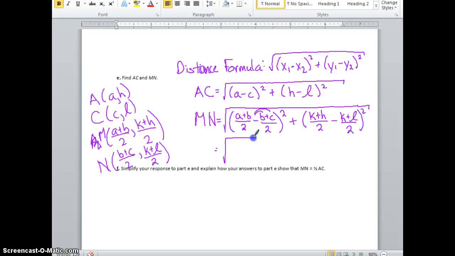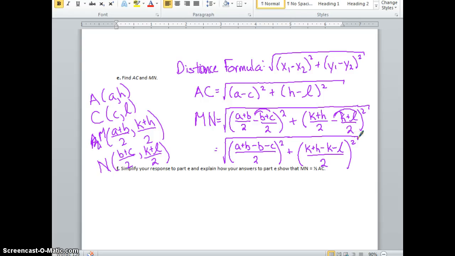So this would end up being A plus B minus C, all of that over 2 squared, plus K plus H minus K minus L, because remember that the minus is happening to both of those, all over 2 squared.